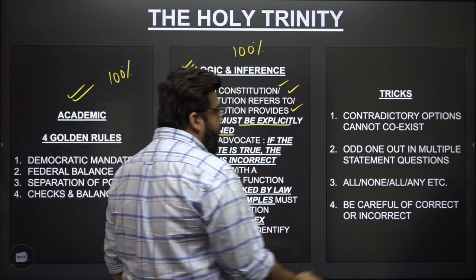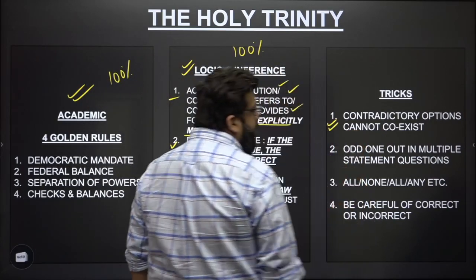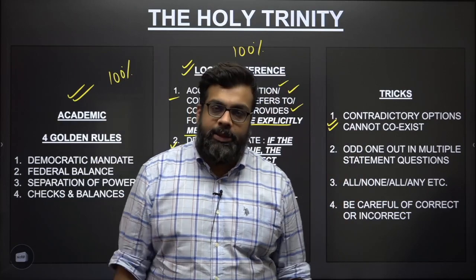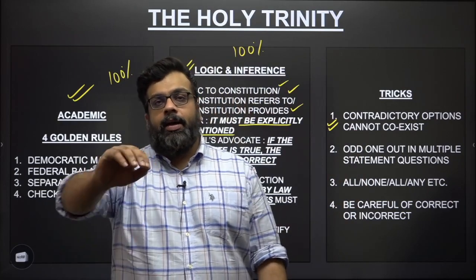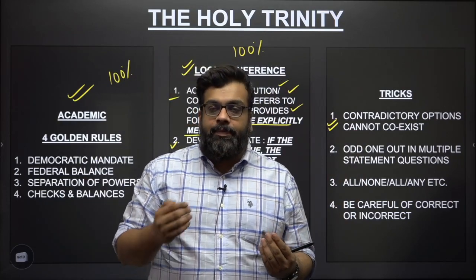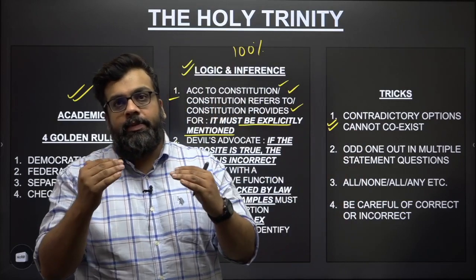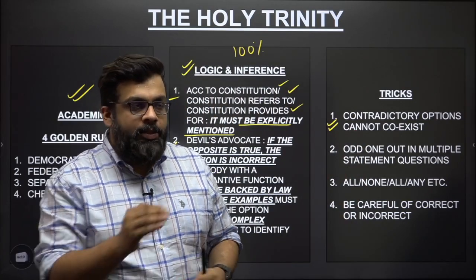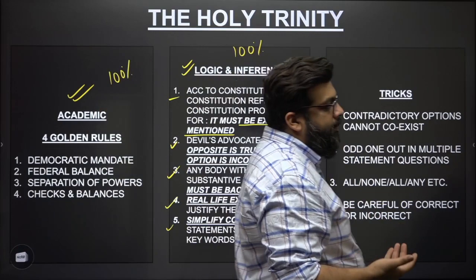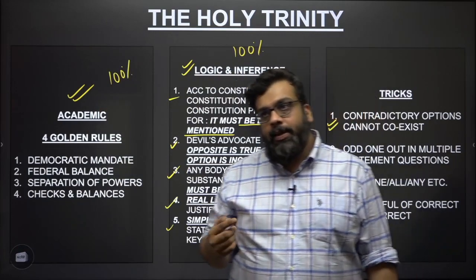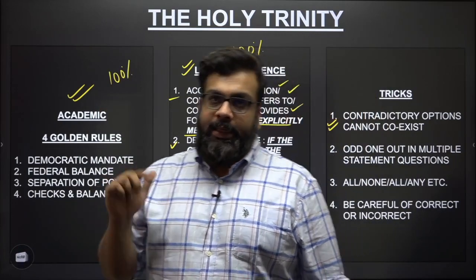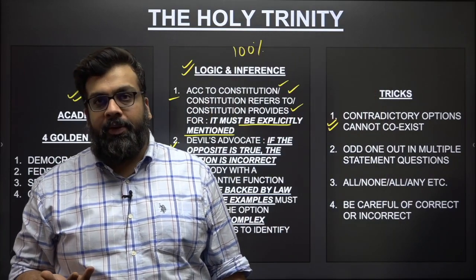What definitely works is inherent contradictions within the options. For example, this works very well with a question which has multiple statements. So which of the following about directive principles is true? Statement number 1, they're enforceable by court. Statement number 2, they're not enforceable by court.